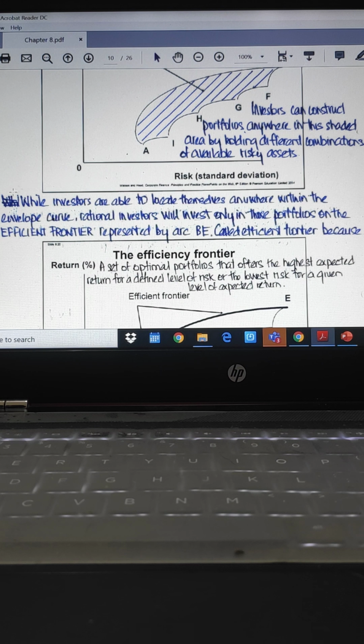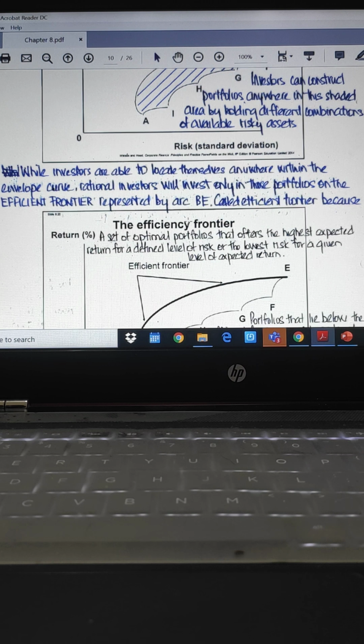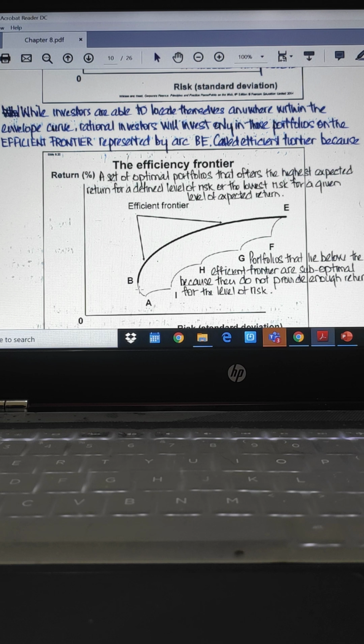Moving down, while investors are able to locate themselves anywhere within the envelope curve, rational investors will invest only in those portfolios on the efficient frontier, represented by the arc BE. You notice the darkened line BE is known as the efficient portfolio.